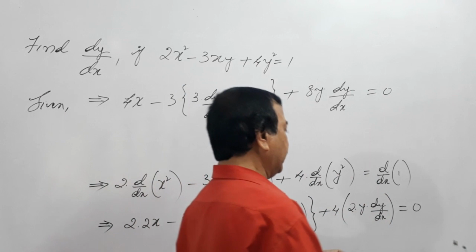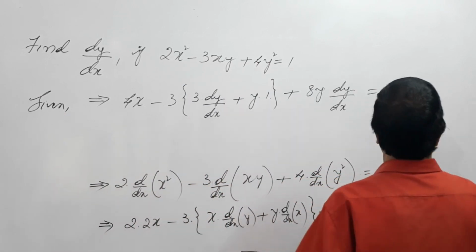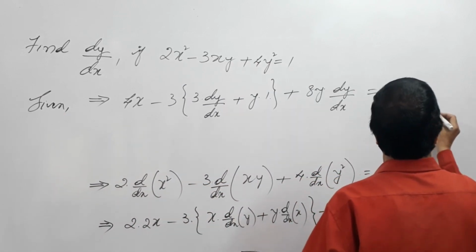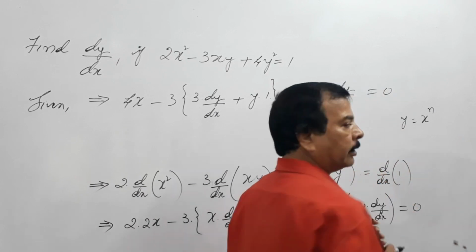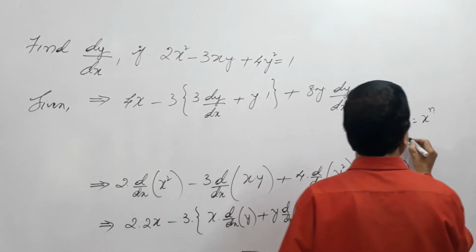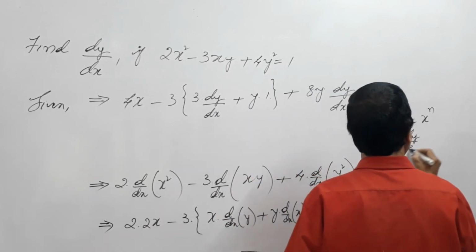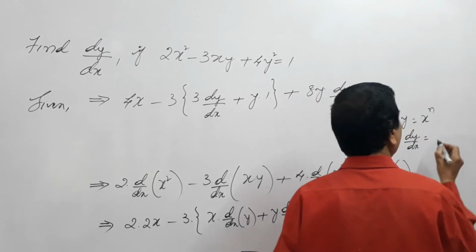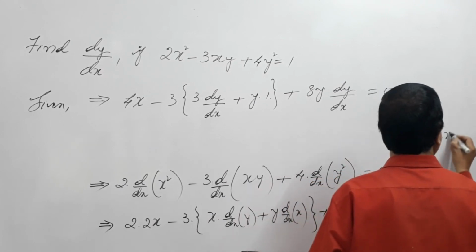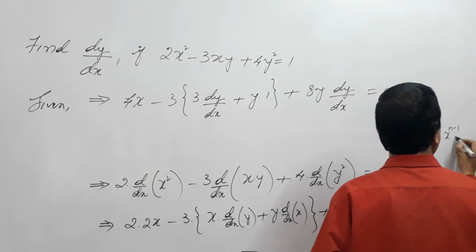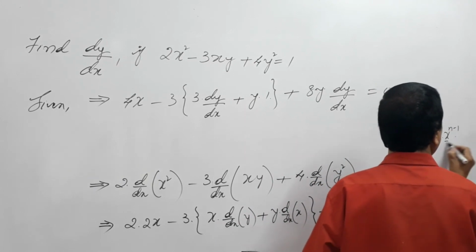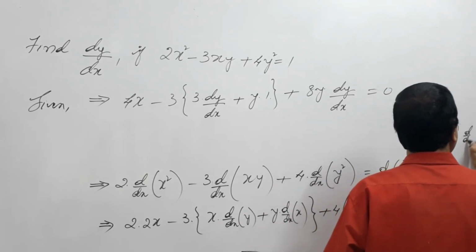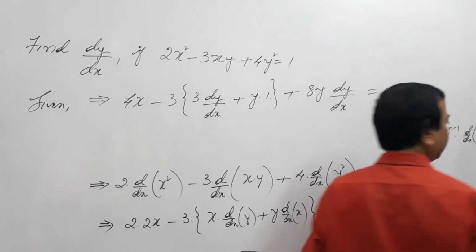Done. See, in the case of y equals x to the power of n, isn't it? What we used to do? dy by dx equals to what? That is n into x to the power of n minus 1 into this portion, that is d by dx of x, isn't it?